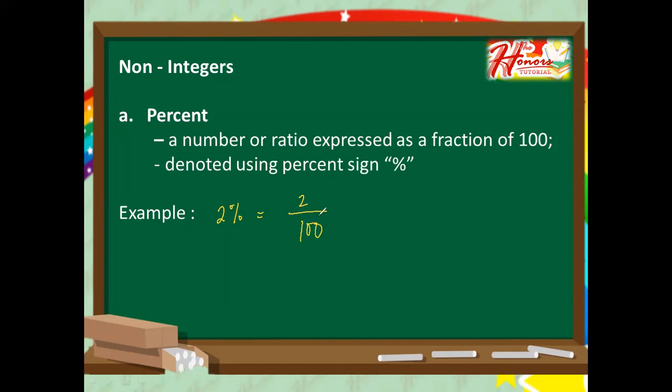And also, we can say that percent is under rational numbers because obviously we can transform it in the form of a over b, just like 2 over 100. As long as we can transform it in the form a over b, then it is a rational number.